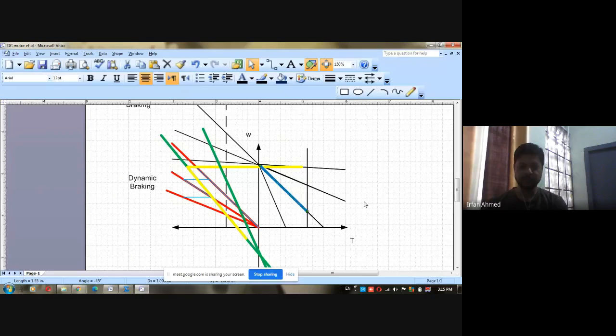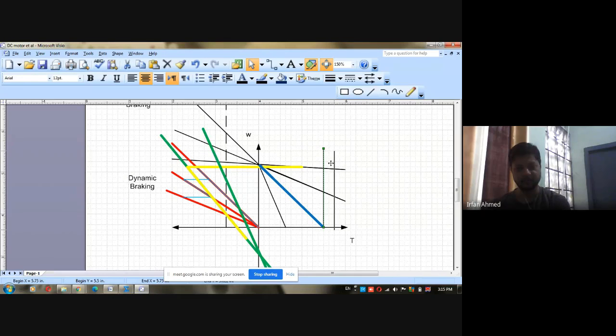What is happening? The load torque is increasing, so the motor torque is also increasing and the speed is decreasing. If you go on increasing the load torque, a point will come when your motor speed will become 0. Correct?